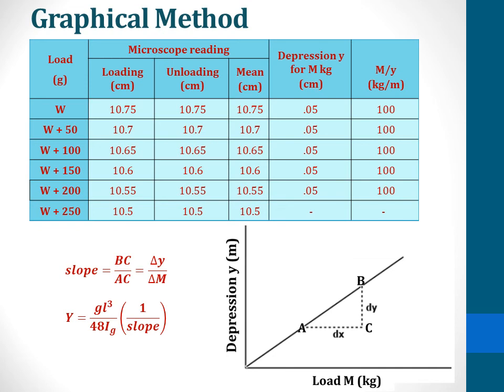This value of the slope on substitution in the formula for Y, the Young's modulus, gives us gL cube divided by 48Ig into the reciprocal of the slope, and from which we find out the Young's modulus for the material of the beam. Thus, we can experimentally as well as graphically find out the Young's modulus for a beam which undergoes non-uniform bending.